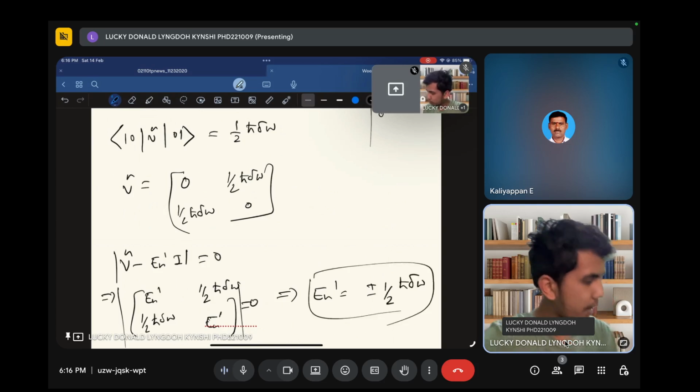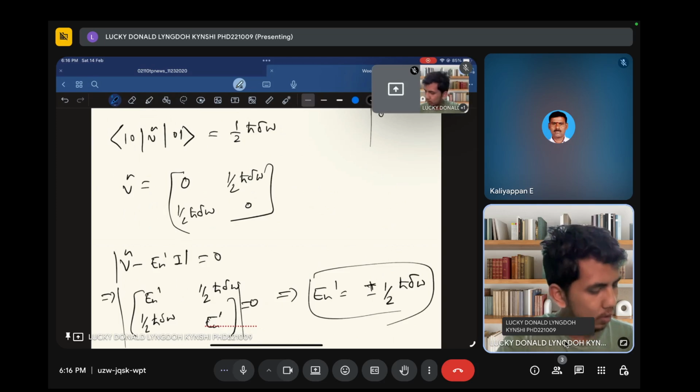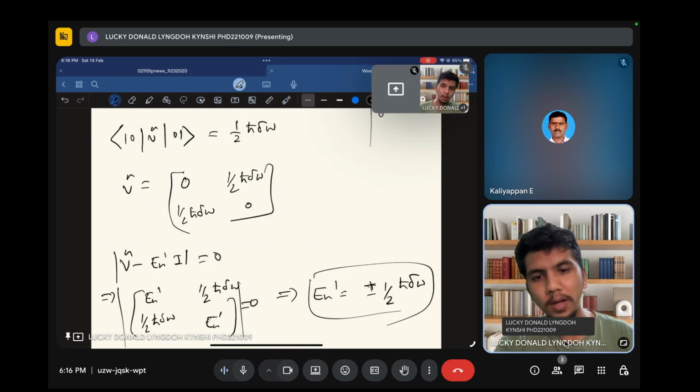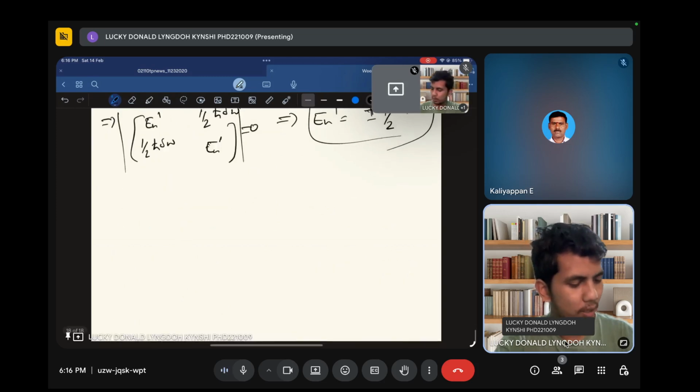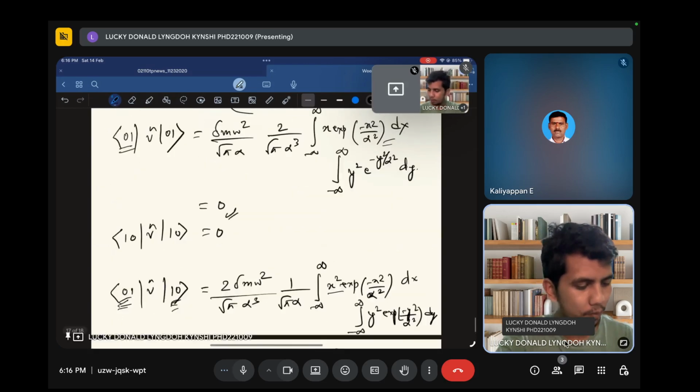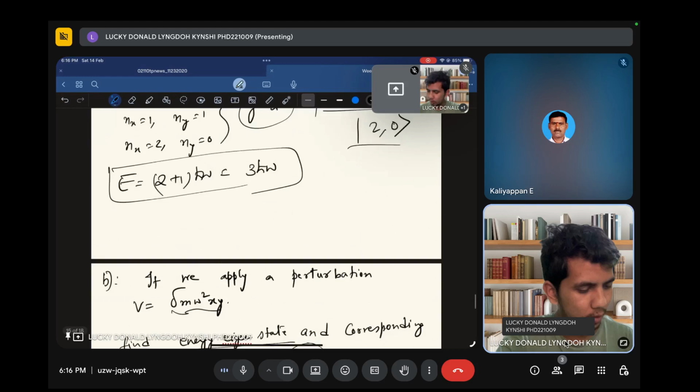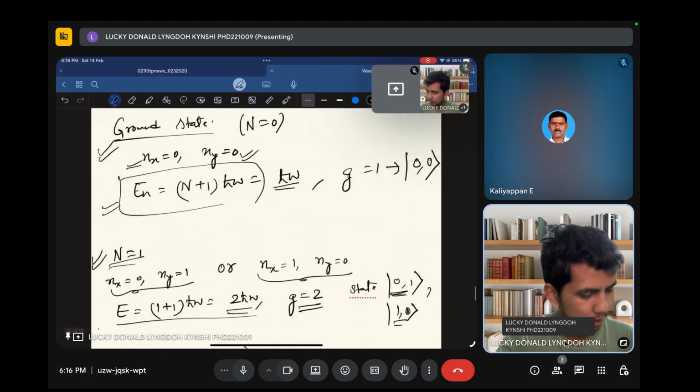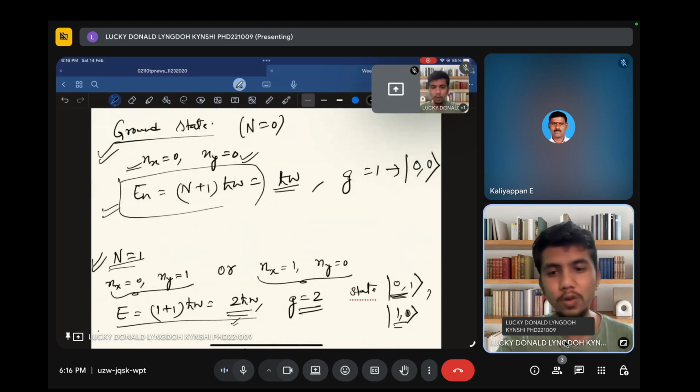So now your energy term will be added to and subtracted by this term. So one energy term will be added by half h cross delta omega, and the other energy term will be minus half h cross delta omega. So the original energy, if you go back, what is the original energy? Your original energy is this term, twice h cross omega.